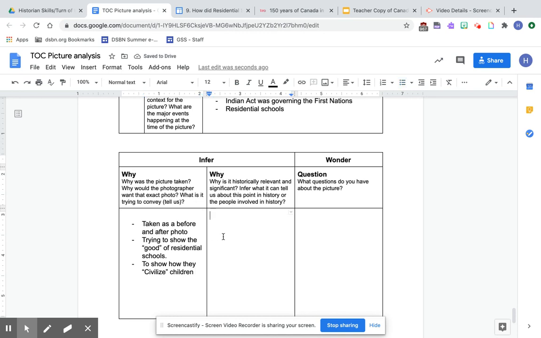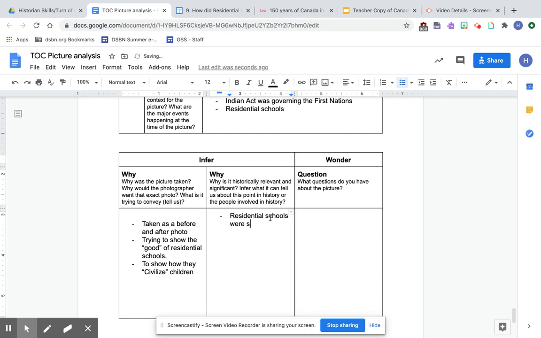Why is it historically relevant and significant? Infer what it can tell us about this point of view in history and the people involved. So it tells us essentially how people thought about residential schools. They thought it was positive. So residential schools, I apologize, guys, my typing is terrible today.